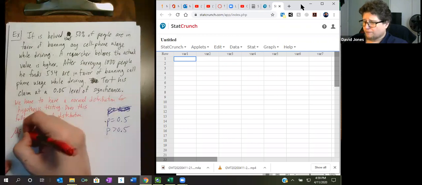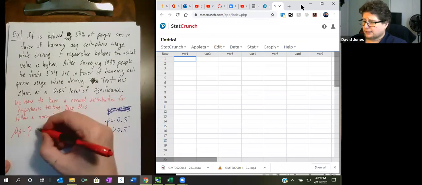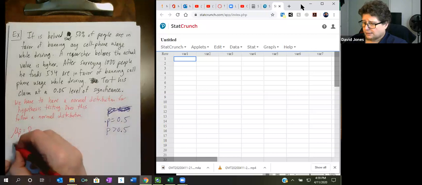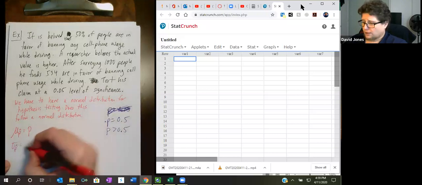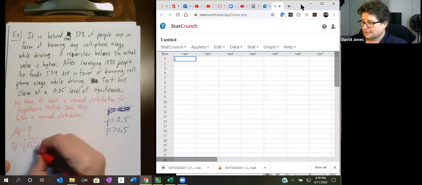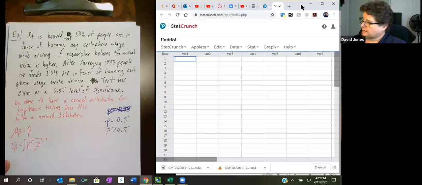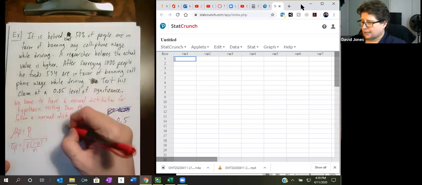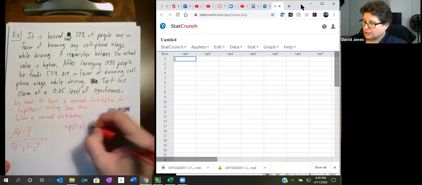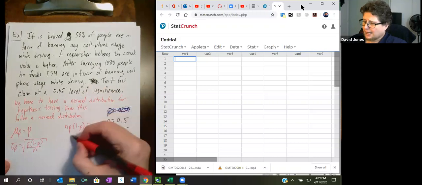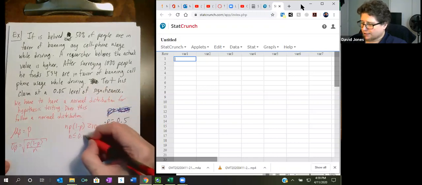We needed mu of p hat to equal p. Sigma p hat was the square root of p times 1 minus p over n. And we wanted n times p times 1 minus p to be greater than or equal to 10. And n had to be less than 5% of the population.